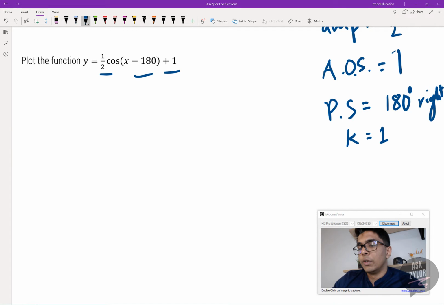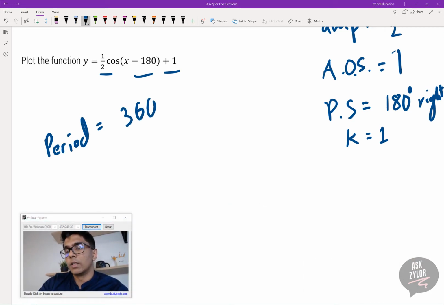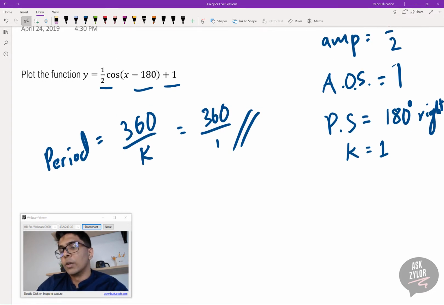So if my k value is 1, then I know my period is going to be 360 divided by my k. And since my k is 1, my period is just going to be 360. I know my cos function usually gets split up into 4 parts.